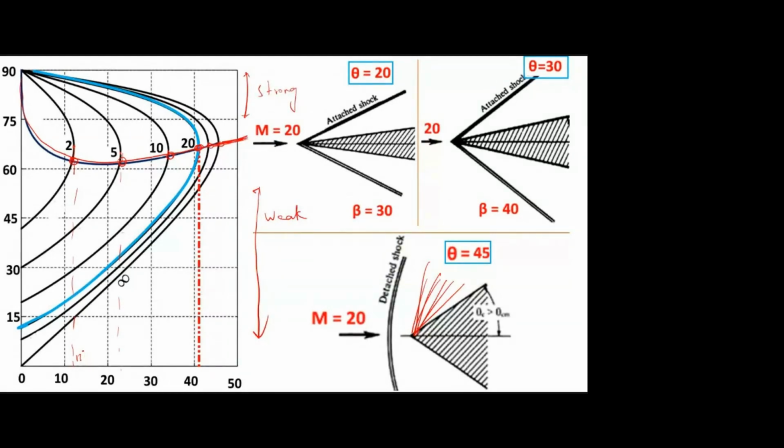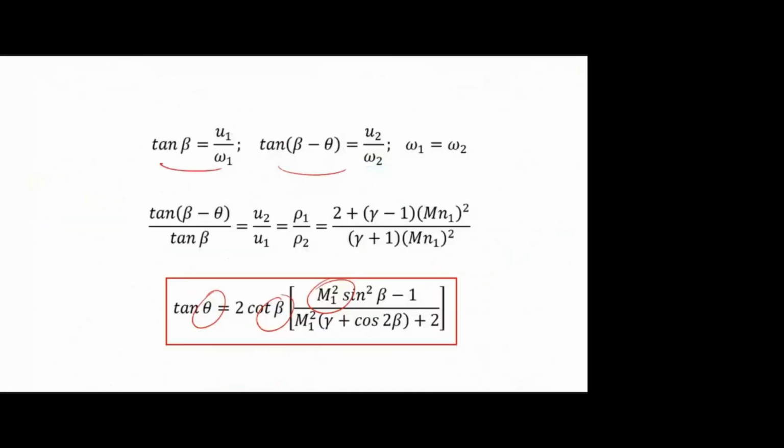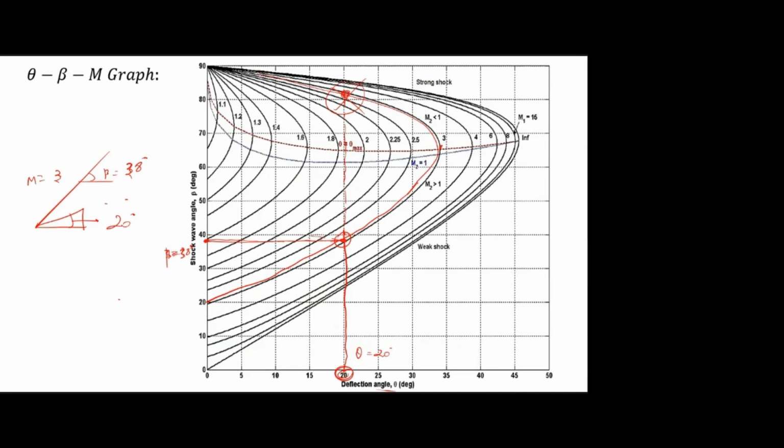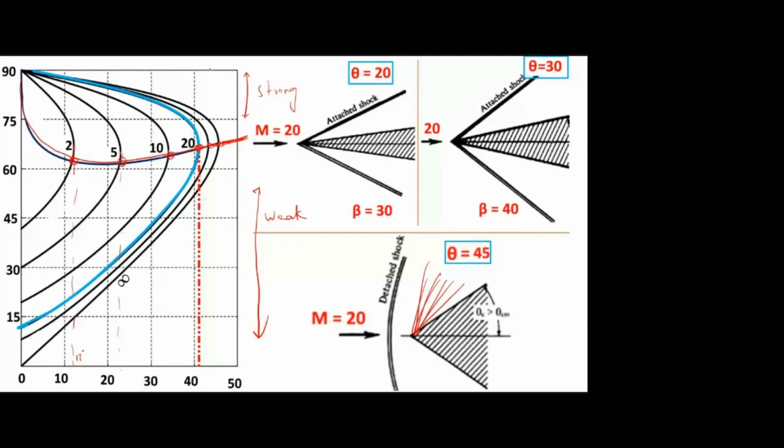Actually, this graph is drawn using this theta-beta-M formula only. So theoretically, we are getting two regions, that is, two solutions. For every theta and Mach number, we get two intersection points, one in the weak solution and another in the strong solution. Two betas we are getting.